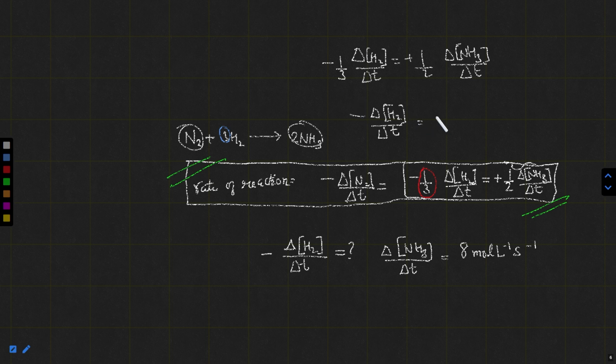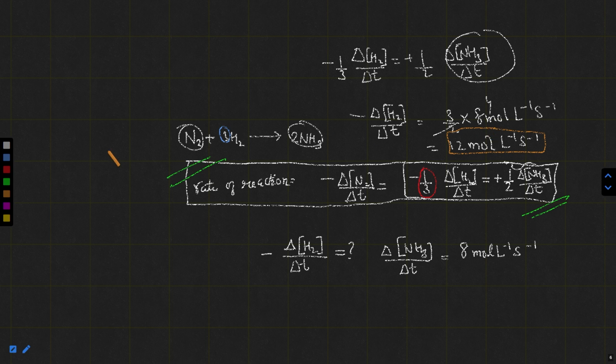You were looking for this part only, so this would be 3 by 2. What is the value of this? I have given you, it is 8 mole per liter per second. So our answer would be 4 3s are 12. So this would be our rate of disappearance of this H2.